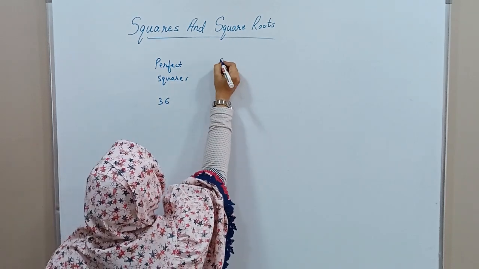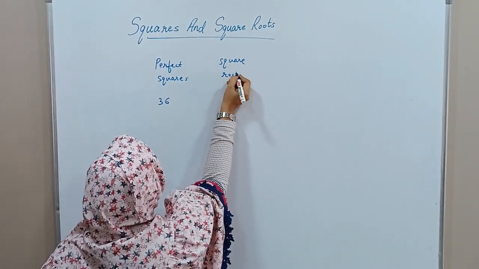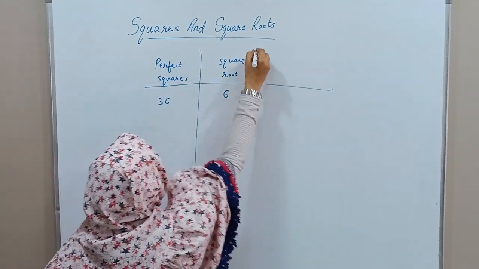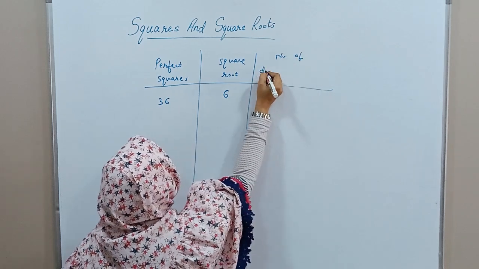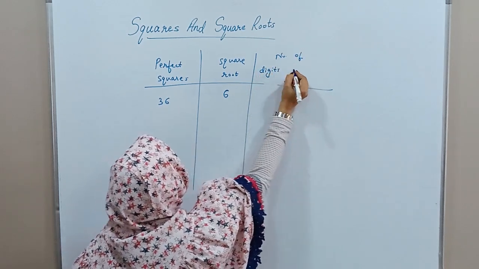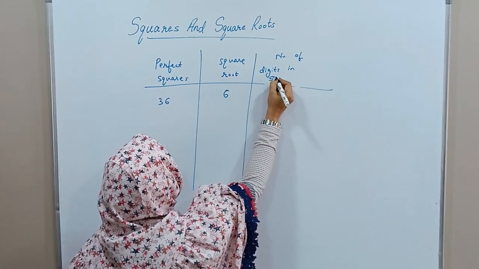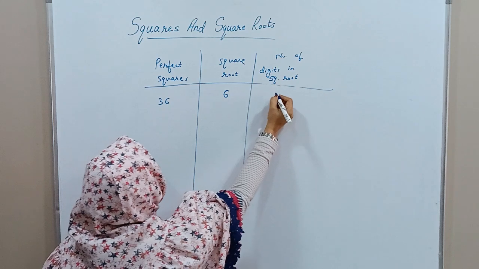So we know that square root of 36 is 6, right? So number of digits in square root here the number of digit is 1.